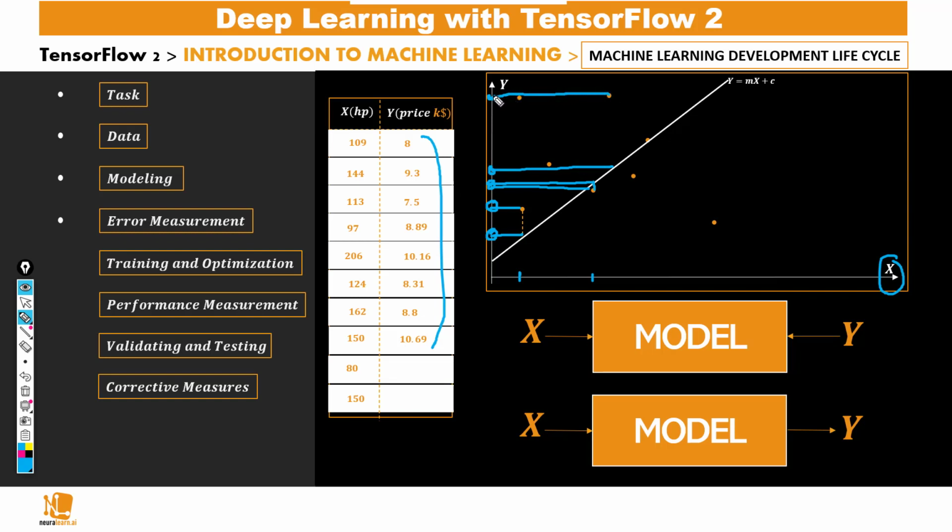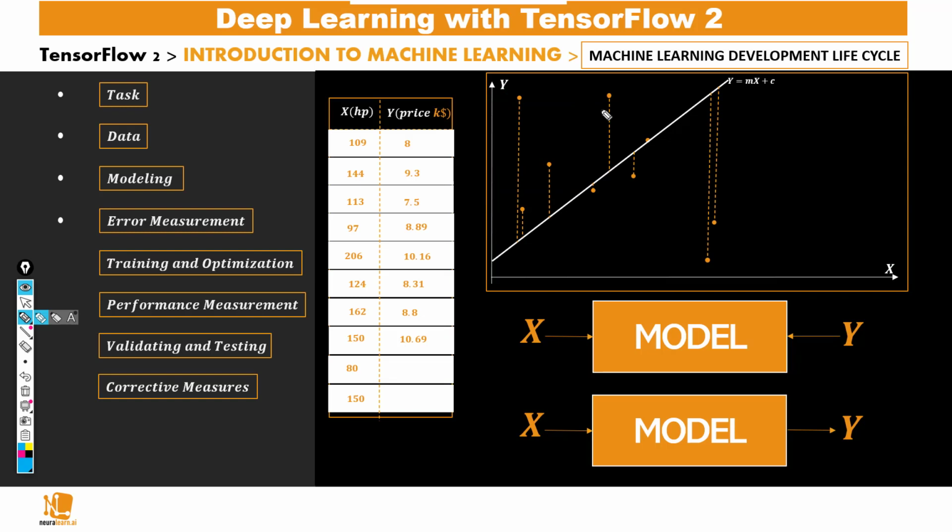So this tells us that if we want to choose the best possible values for M and C, then we have to choose them such that we minimize these differences. These differences are what the model gives, so we have to try to minimize them. By minimizing the differences, we are actually sanctioning this error.